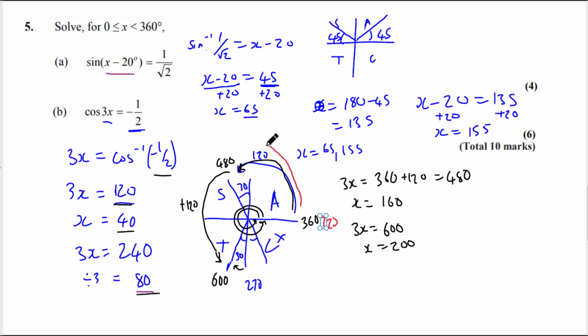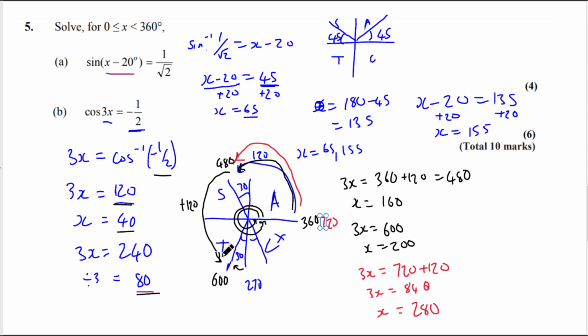Now add the 120 to get over here, so we get 3x equals 720, add 120, 3x equals 840, so divide by 3, x is going to equal 280.